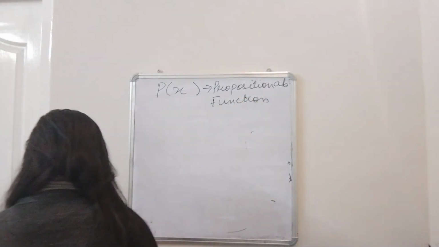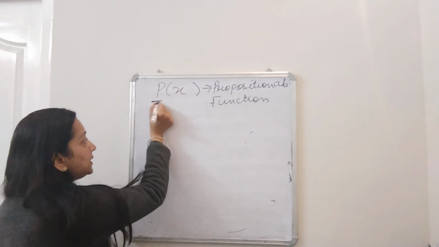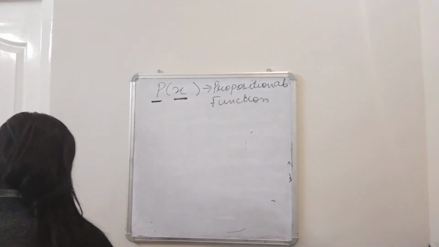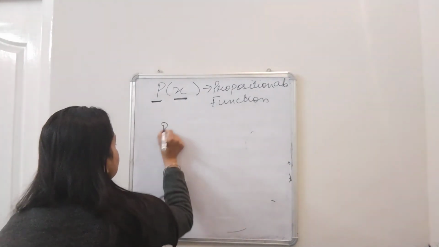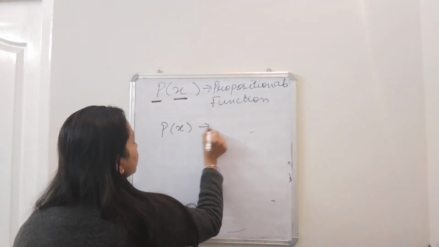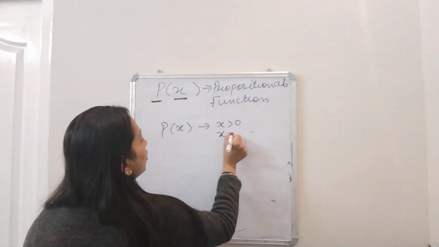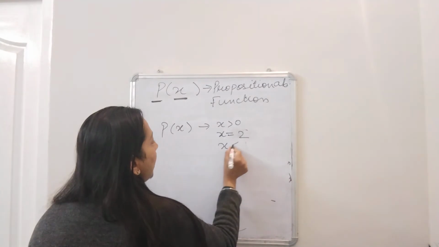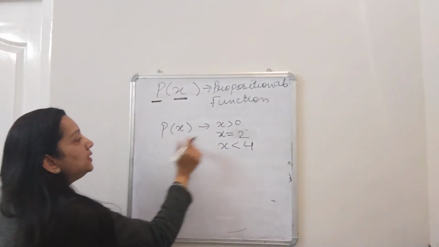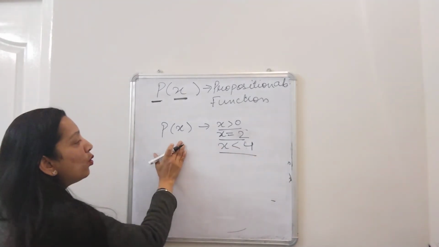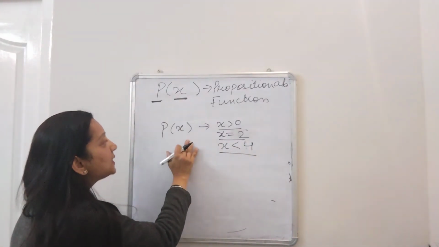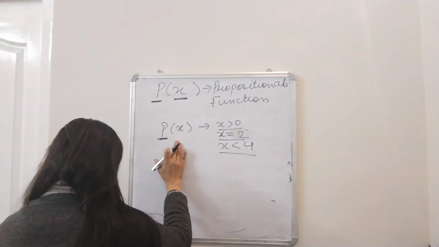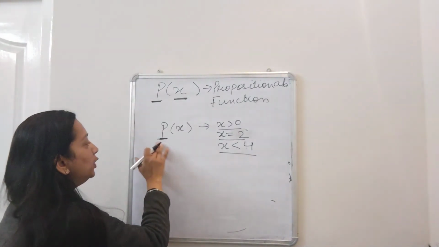Let us assume p of x denotes x is greater than 0, or it can denote x plus y equals, or x equals 2, or x is less than 4. All these predicate statements are denoted by the propositional function p of x.